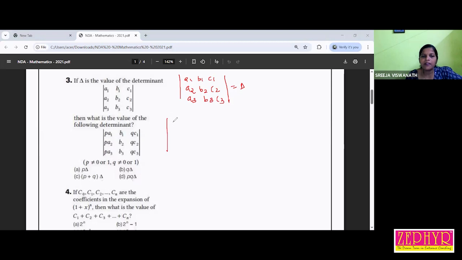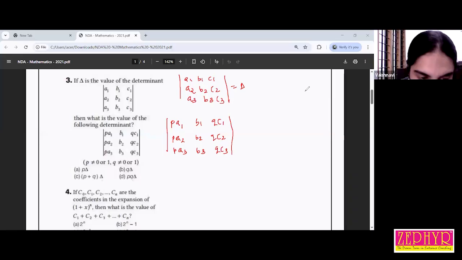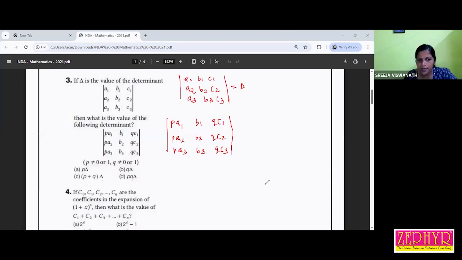We need to find the value of the determinant with rows PA1, PA2, PA3, B1, B2, B3, QC1, QC2, QC3. Ma'am, option D. PQ delta. D is the right answer. Correct.